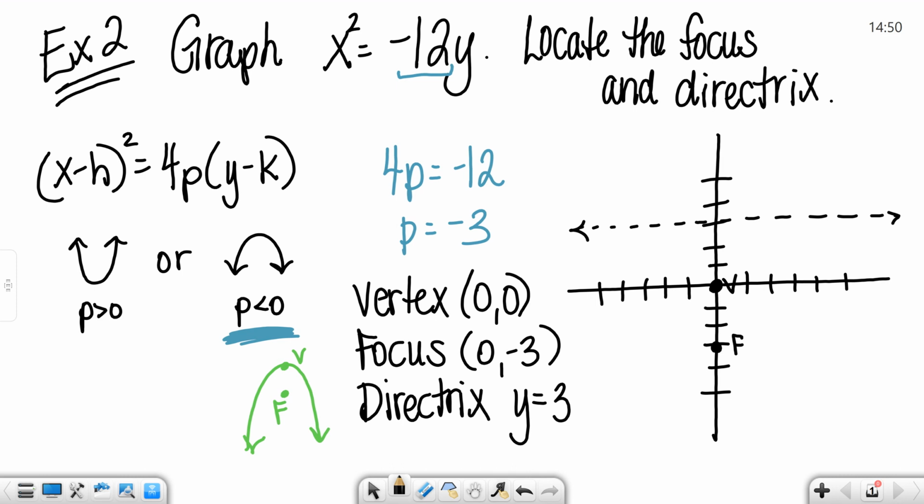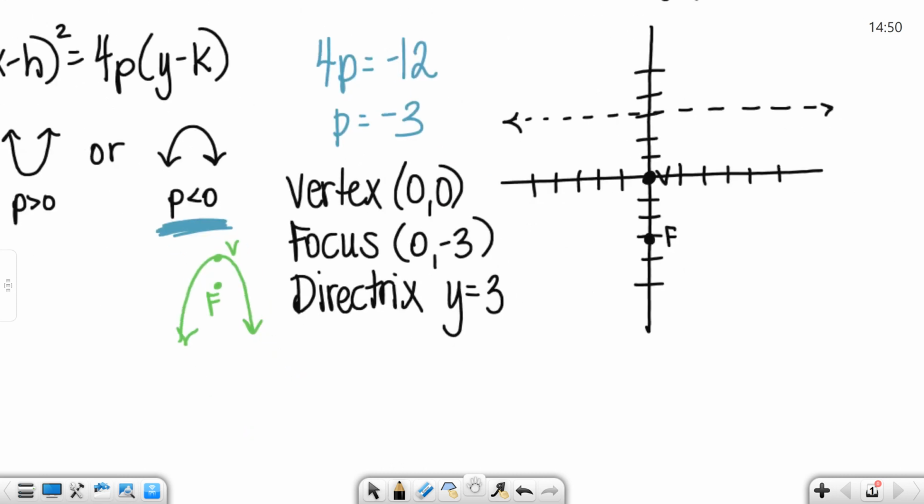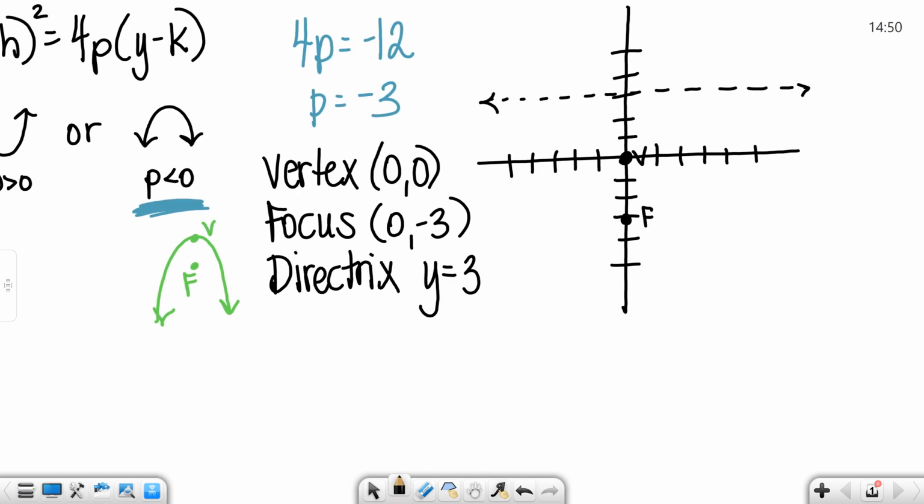Now, again, we still can't just draw a curve because I don't know how fat this curve is, and since they asked me to graph it, I do need to be a little bit more precise than just sketching any old graph. So I'm going to pick a point, and I am going to help you decide what point to pick. We are going to pick points to the right and to the left of our focus right here.